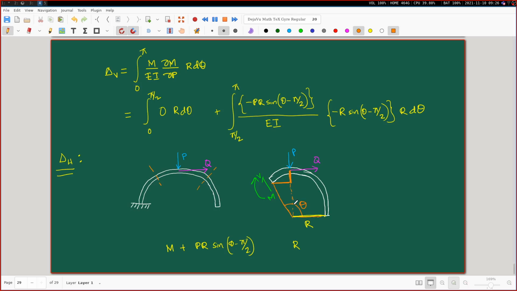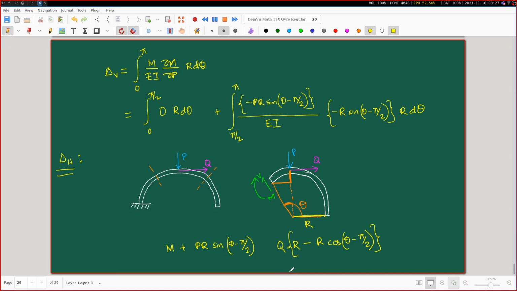So R minus R cos of this angle, this much, just like before, it is theta minus pi by 2. So this entire thing is the moment arm. This is multiplied with Q.